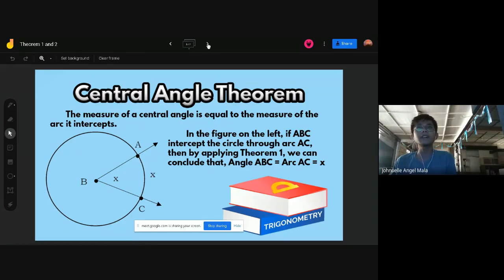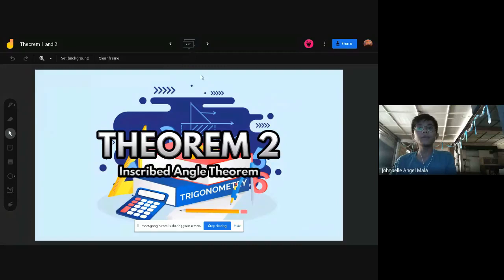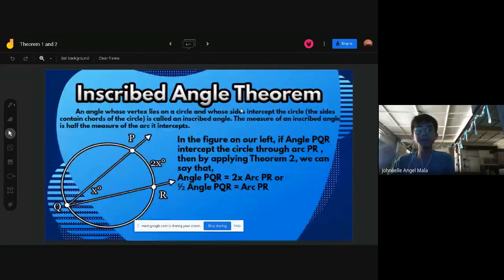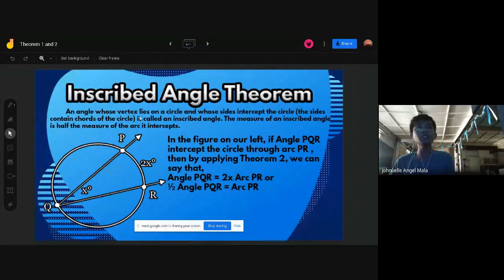Theorem 2, inscribed angle theorem. Here's an example of an inscribed angle. An angle whose vertex lies on a circle and whose sides intercept the circle, the sides containing chords of the circle, is called an inscribed angle. The measure of an inscribed angle is half the measure of the arc it intercepts.